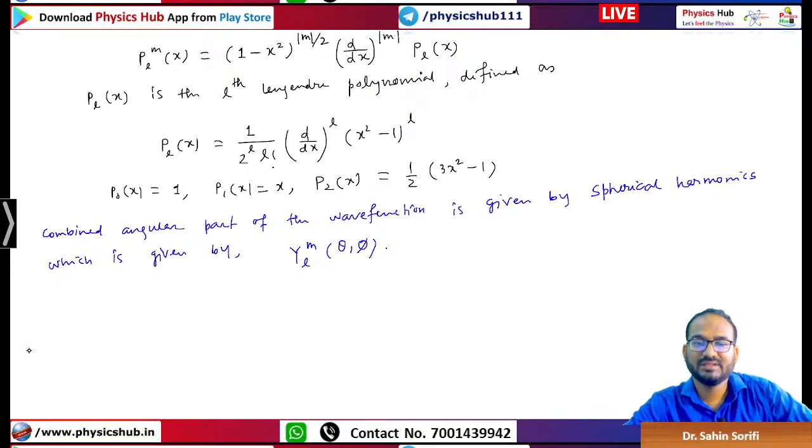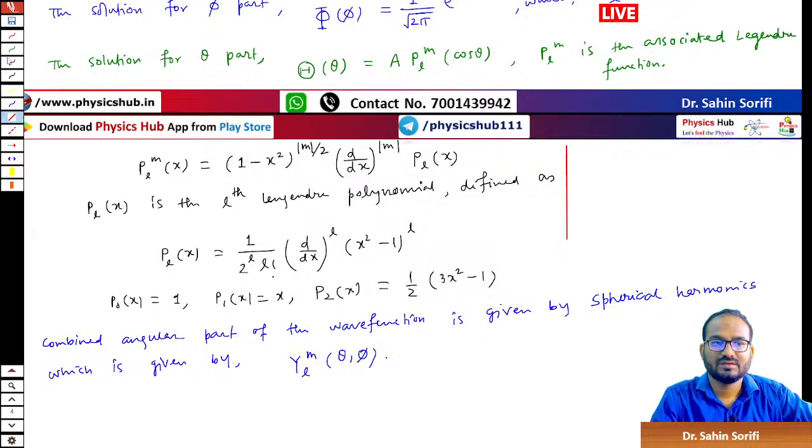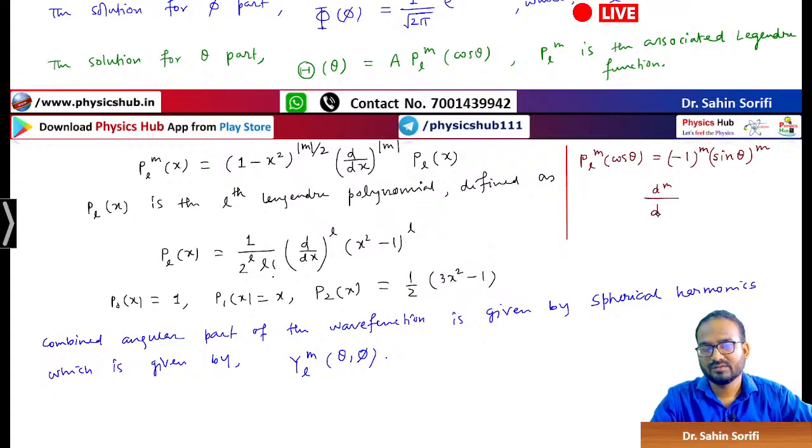Acha, one thing needless to say, but let me say it here. The actual thing appearing is PLM of cos theta. This value you can write in this way: minus 1 to the power m, sin theta to the power m, d by d cos theta to the power m, PL of cos theta.